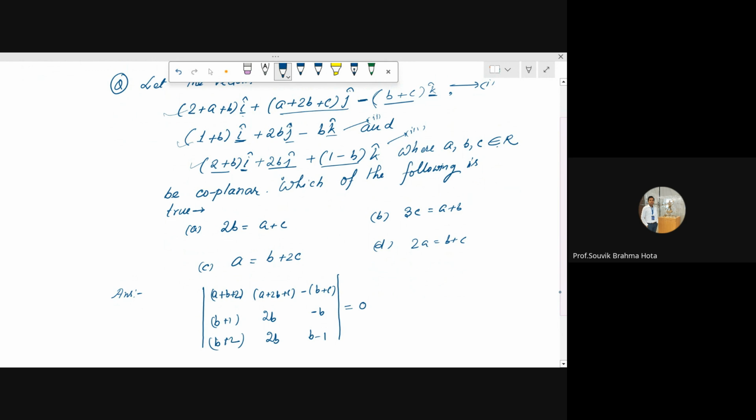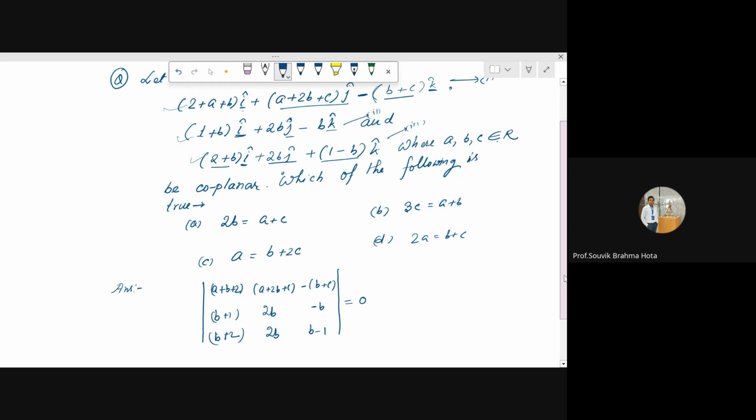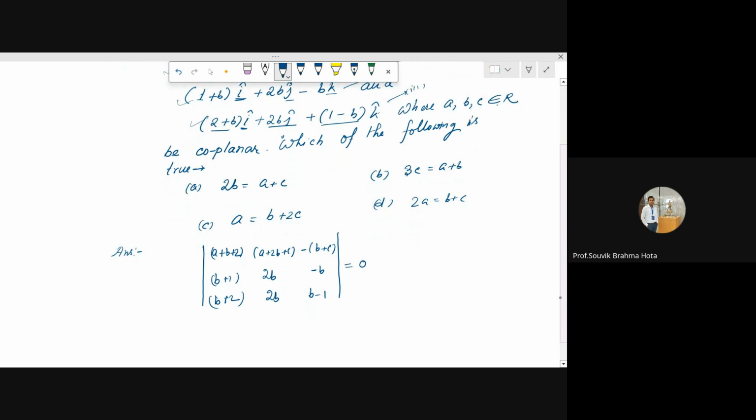Now let us find the determinant first. First we should do some row operations. We need to simplify the third row and first row a little bit. Row 3 is this one, row 2 is this one, row 1 is this one.